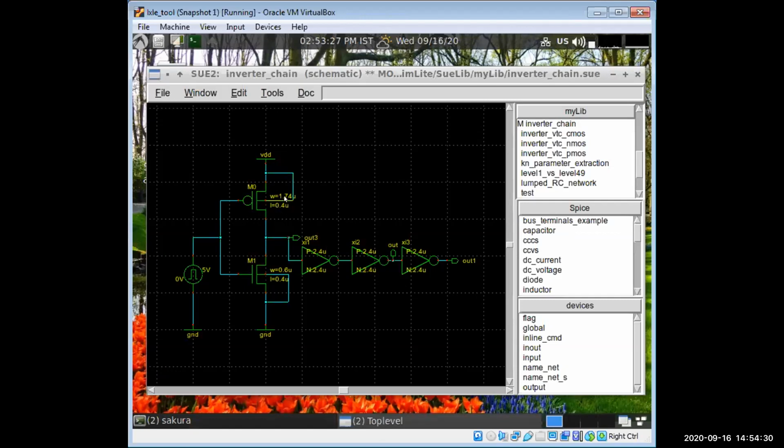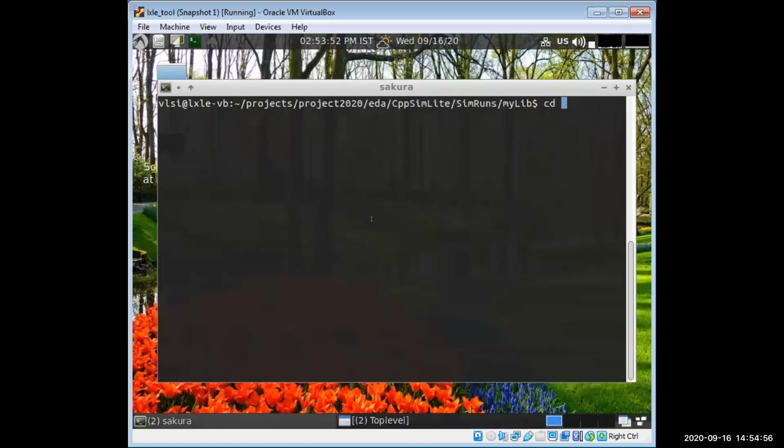So I have taken 1.74 for the W of P, and the W of N is the minimum 0.6. Then I have taken the inverter chains with symmetric sizes: PMOS with width 2.4 and NMOS with width 2.4. The pulse voltage is 0 to 5 volts.